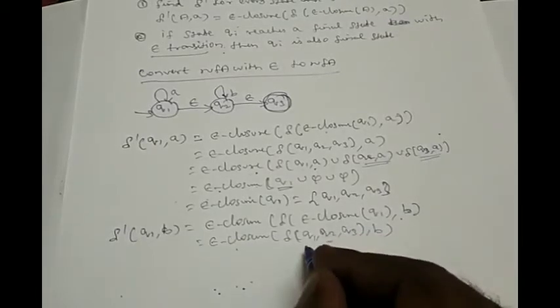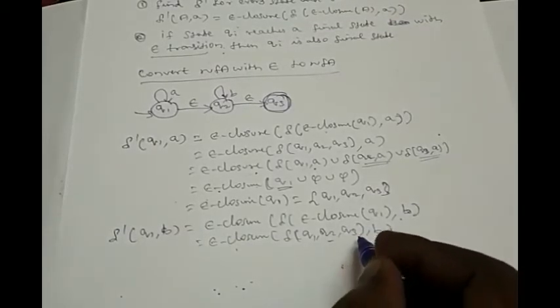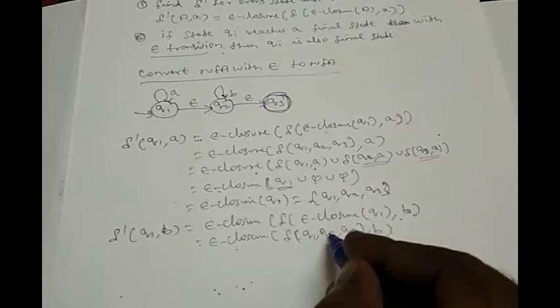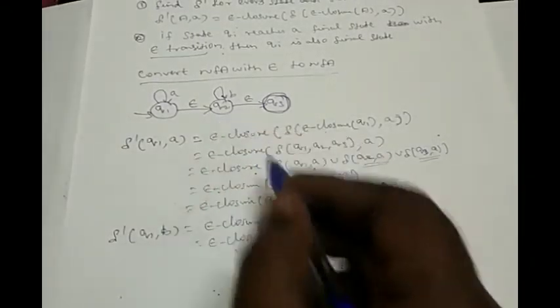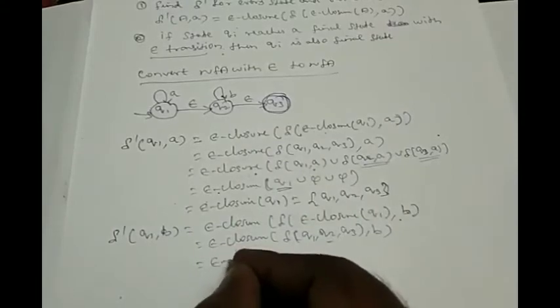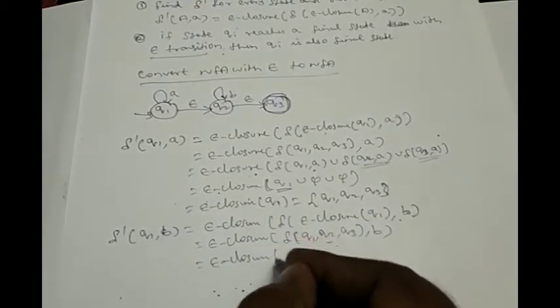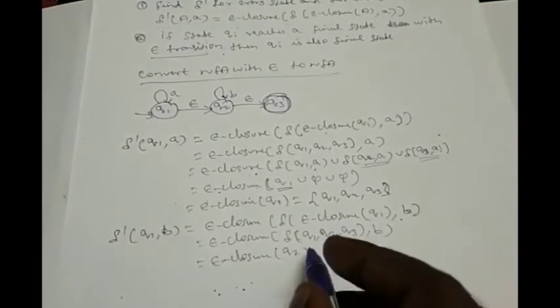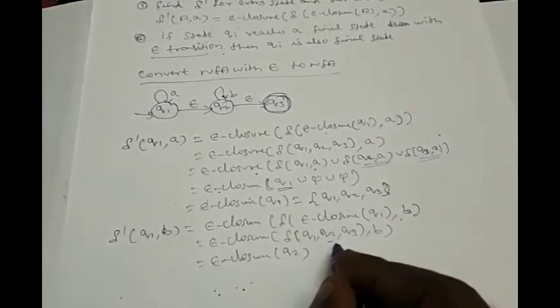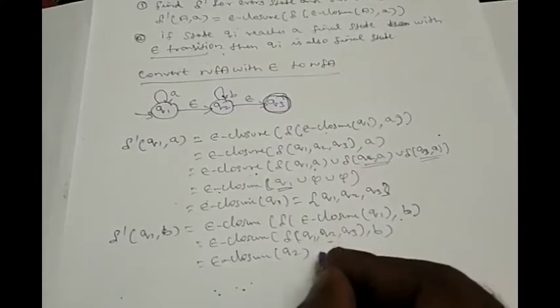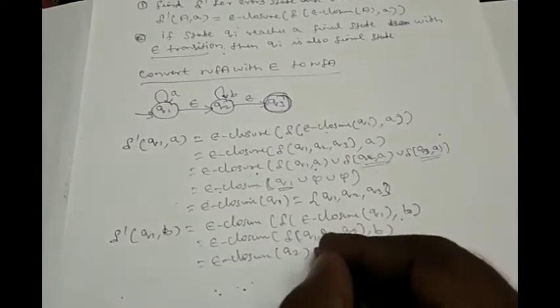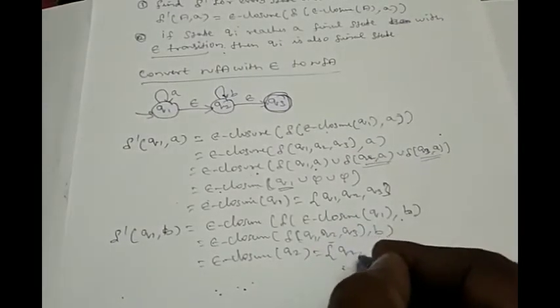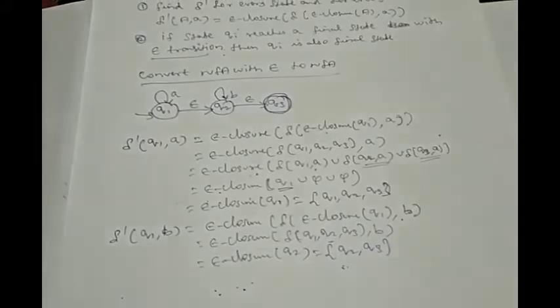You cannot apply it in Q1 as well as in Q3, so no transition exists, so you get phi. When you apply B in Q2, you always get Q2 here. So the answer is epsilon closure of Q2, which is Q2 comma Q3. So Q2 comma Q3 is the answer.